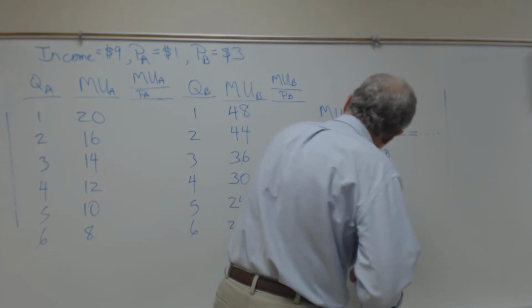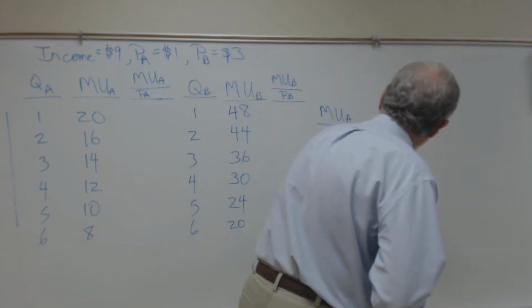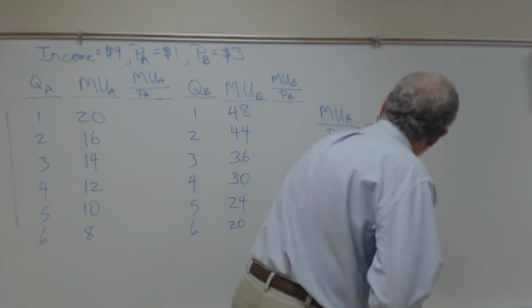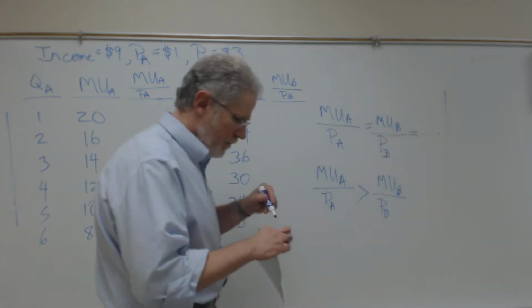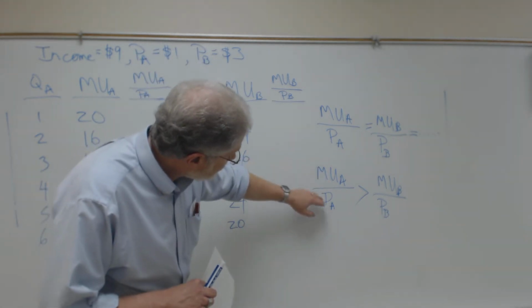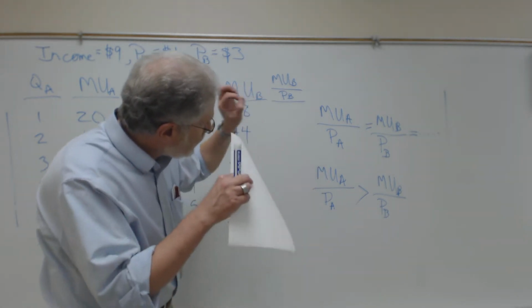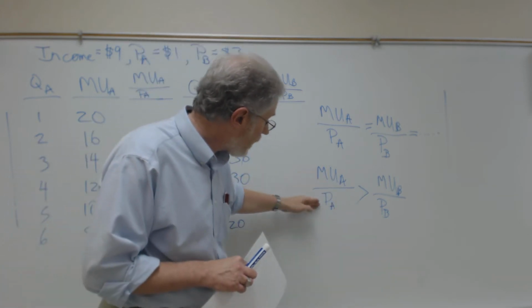if at a point in time this ratio is greater than this ratio, think about what that means. Marginal utility of apples over the price is telling you the extra utility you get from spending an extra dollar on apples.